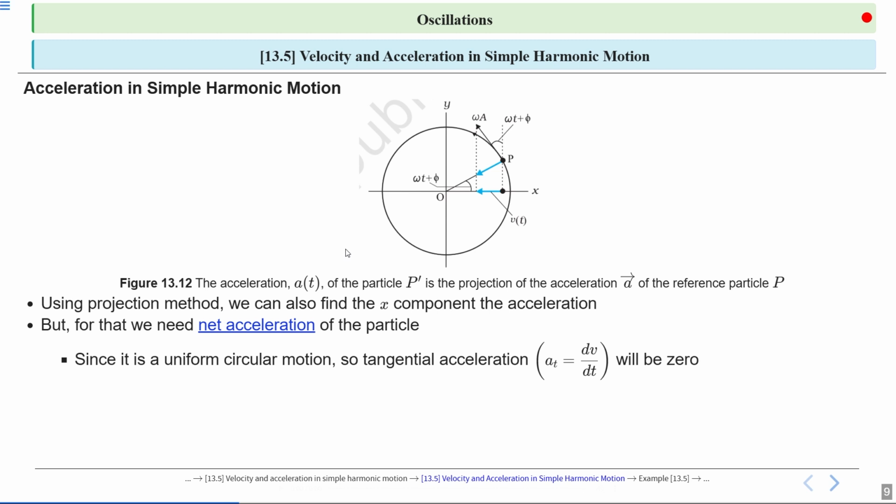Since the particle is moving in a circle at a constant speed, it's undergoing uniform circular motion. That means the tangential acceleration, which is the rate of change of speed along the path, is 0. In other words, a_t is equal to dv upon dt, the rate of change of speed, is equal to 0, because the speed is not changing, only the direction is.